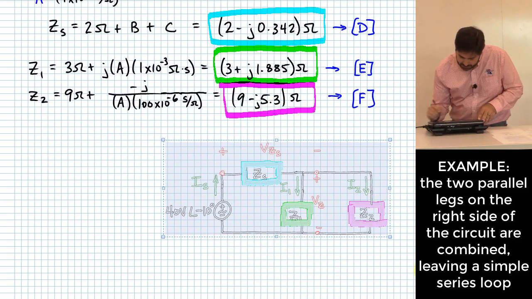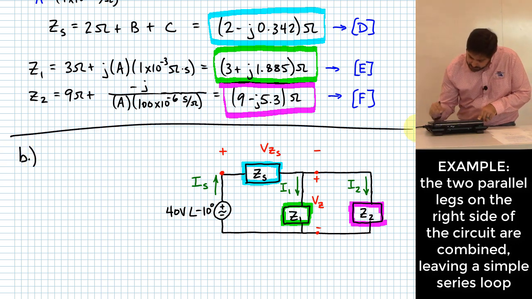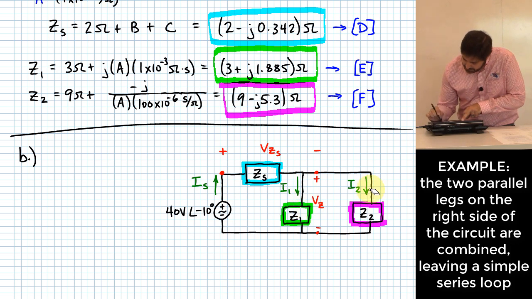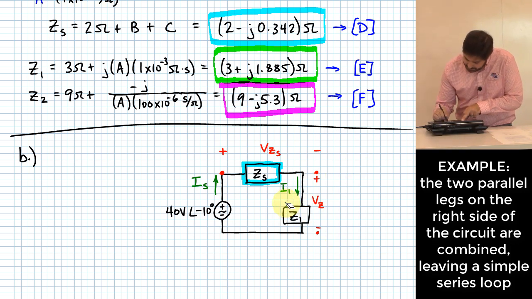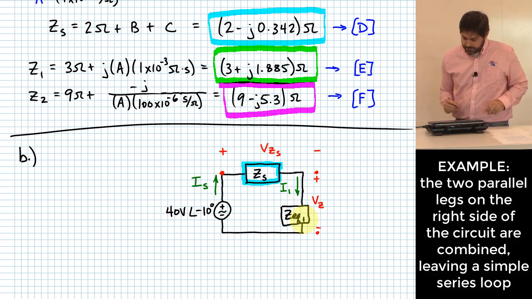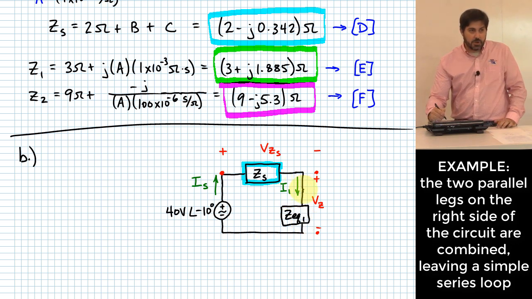And what we're going to be trying to do here is to convert that for part B. Part B is where we're trying to find IS, basically. We're going to convert this circuit into one where we replace all of that stuff, and maybe we'll replace this right here as well with a different value. Let me call this ZEQ1 maybe. Okay, now once I've done that, this current that flows through that leg is no longer I1. Why not?